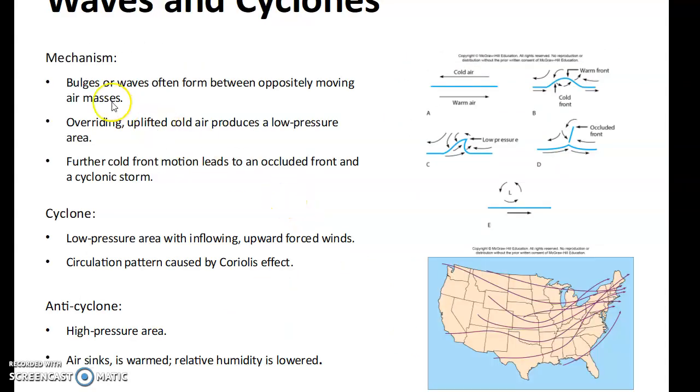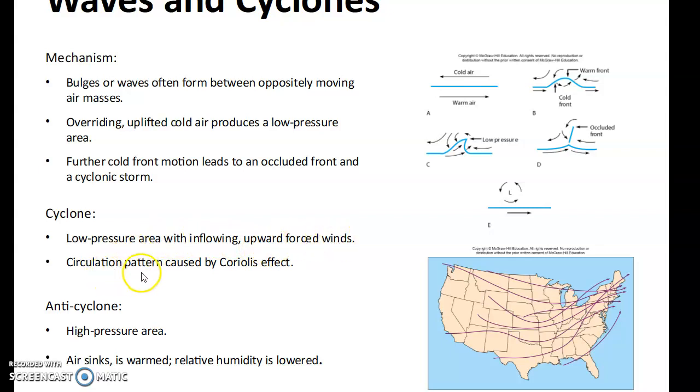Waves and cyclones. Bulges or waves often form between oppositely moving air masses. Overriding uplifted cold air produces a low pressure area. Further cold front motion leads to an occluded front and a cyclonic storm. Cyclones or tornadoes: a low pressure area with inflowing, upward forced winds.